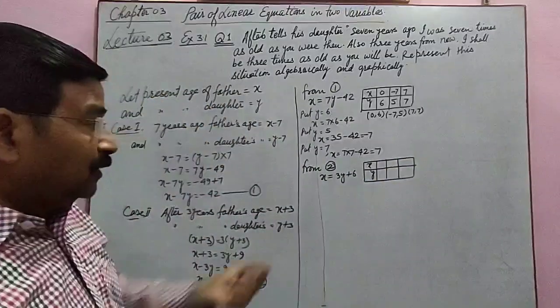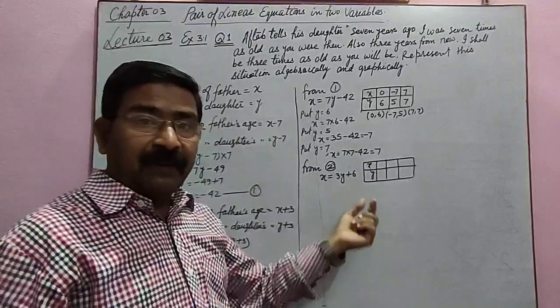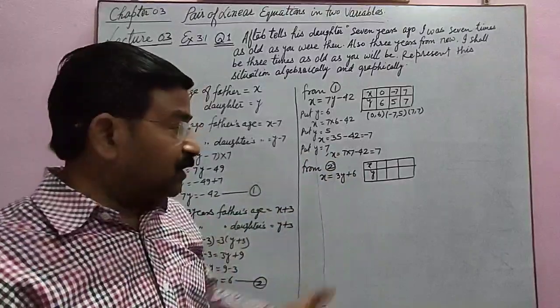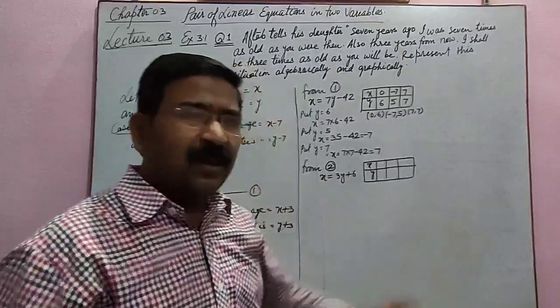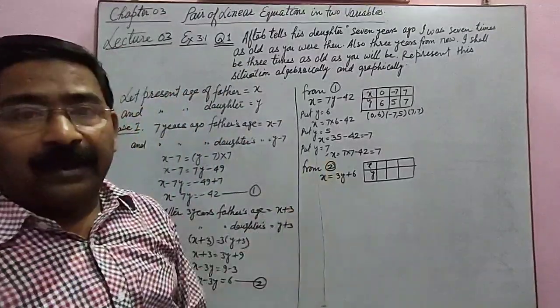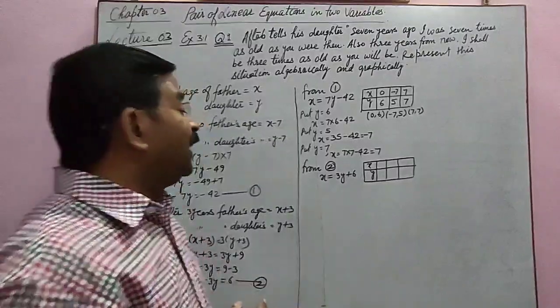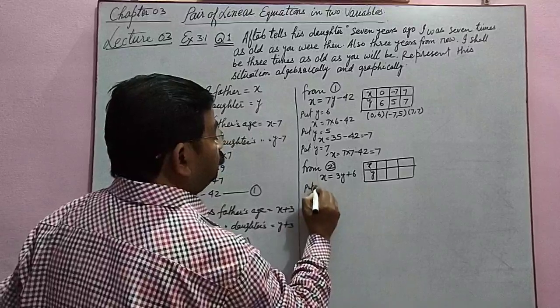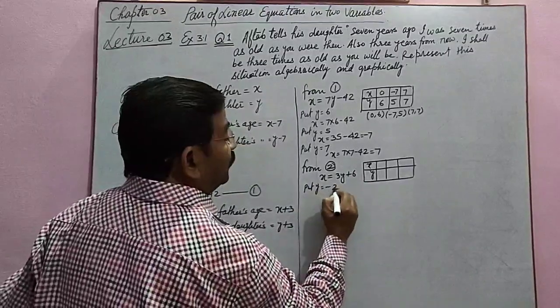Since both the numbers are positive, if you take any number, by addition it will be a larger number. Since we have small space, I am taking one negative number. I am taking y is equal to minus 2.